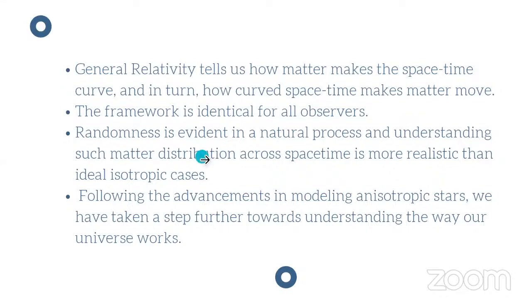And through this program and our work in this project, we understand the way general relativity can be used to model celestial objects. It can be used to understand the nature of space-time and matter distribution throughout space-time, and how celestial bodies such as stars behave and dictate the space-time around them.